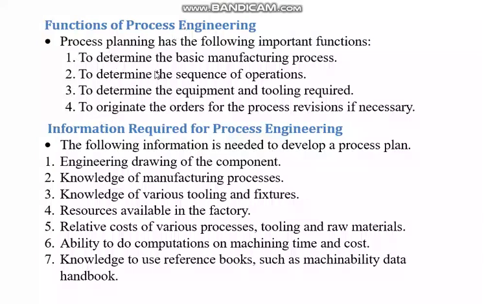The first function is to determine the basic manufacturing process. What is the basic manufacturing process? It can be casting or forging or rolling or extrusion or machining, or welding or whatever like that.